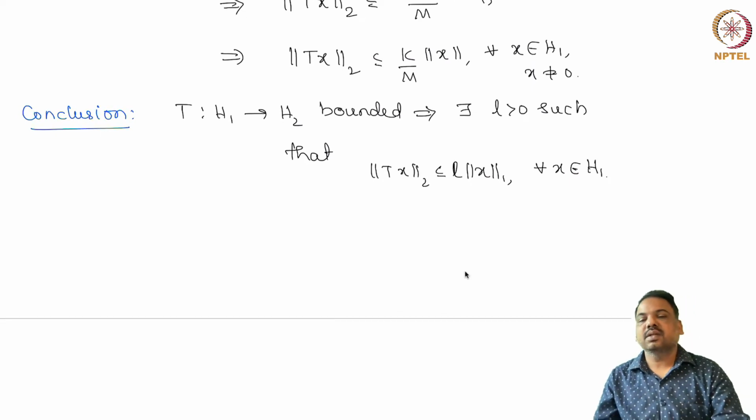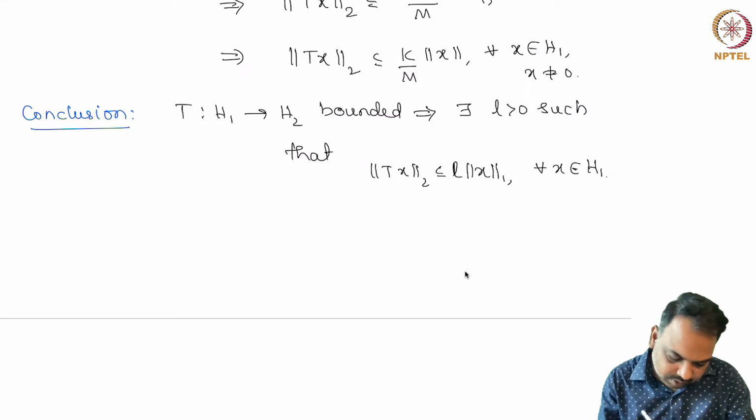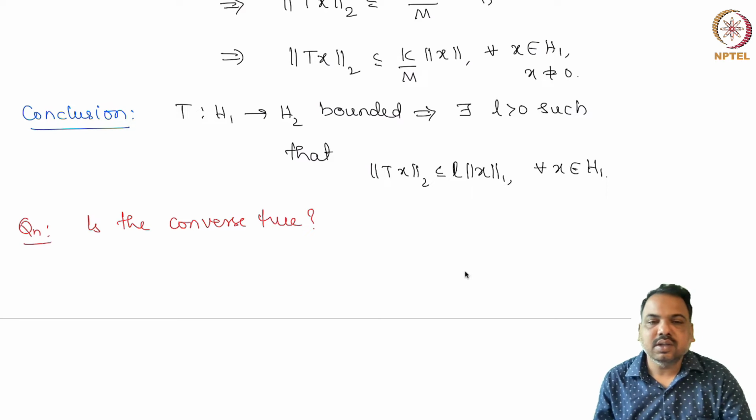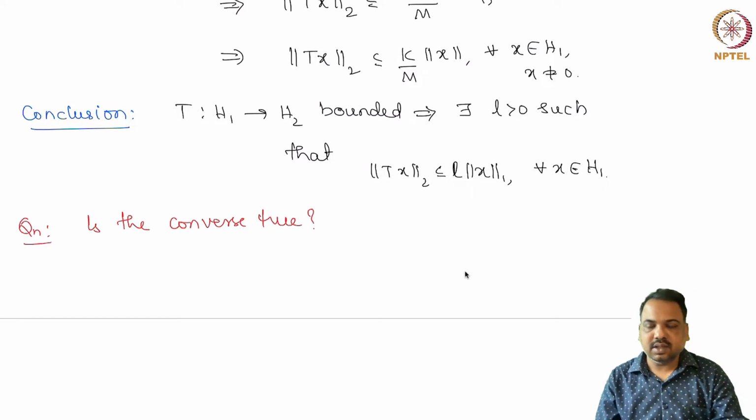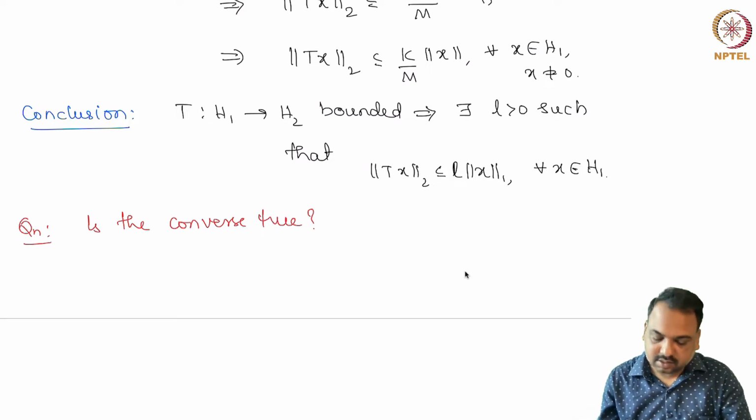Now a question we can ask is, is the converse true? That means we want to show that if there exists an L satisfying this condition, can we say that T is bounded?